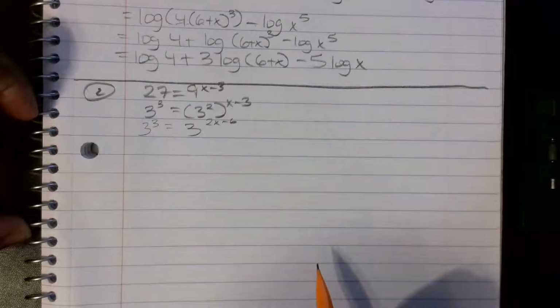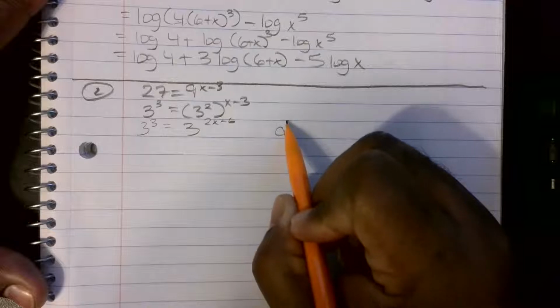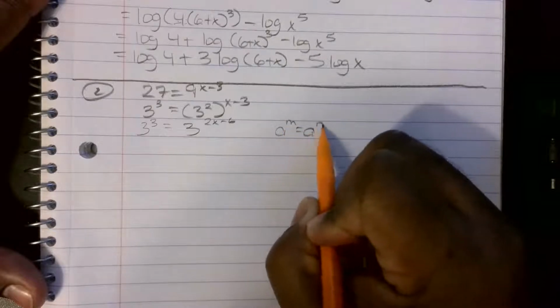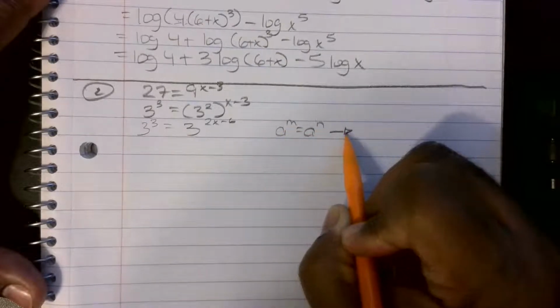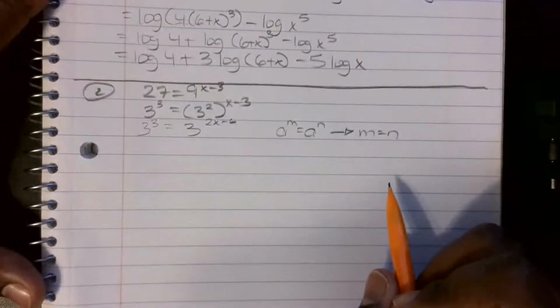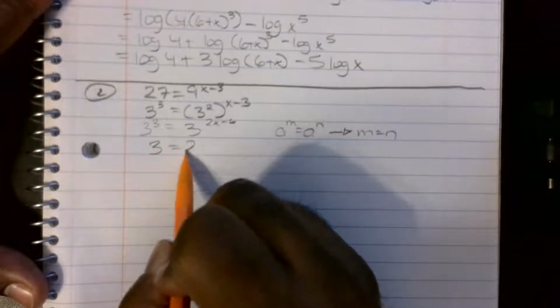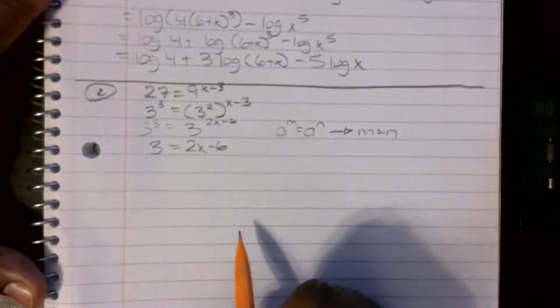Now, an equivalence property that we use for this is a to the m is equal to a to the n, and that means that m is equal to n. So if 3 cubed is equal to 3 to the 2x minus 6, that means that 3 is equal to 2x minus 6.